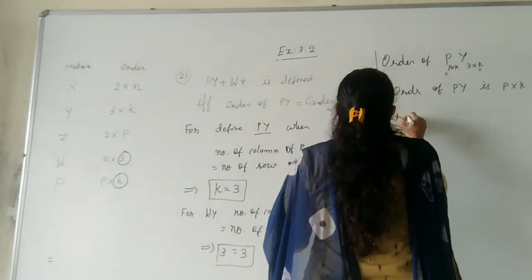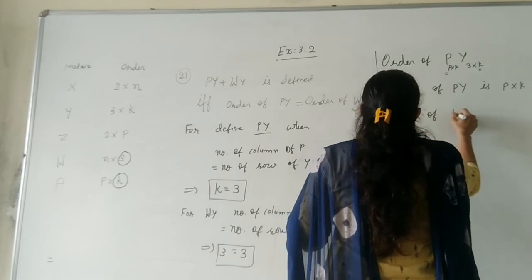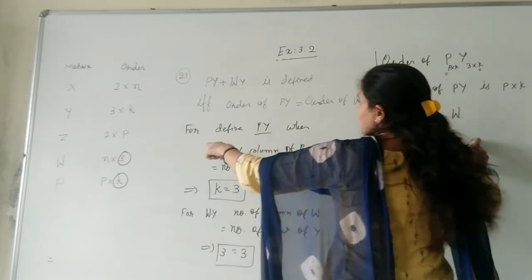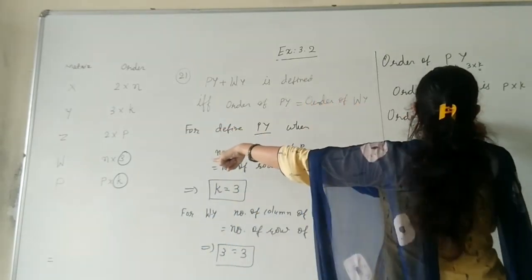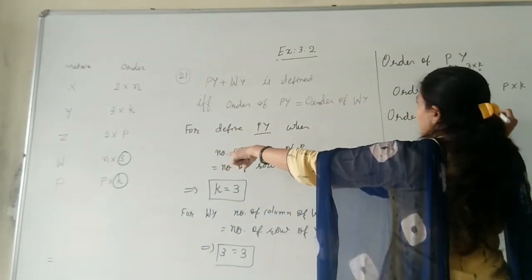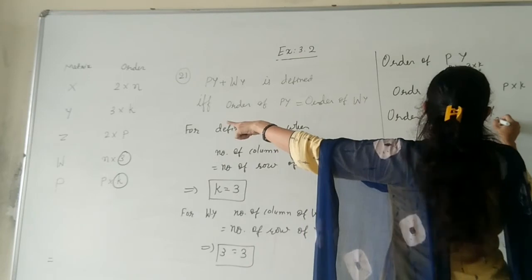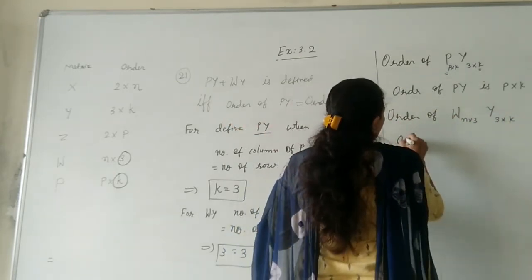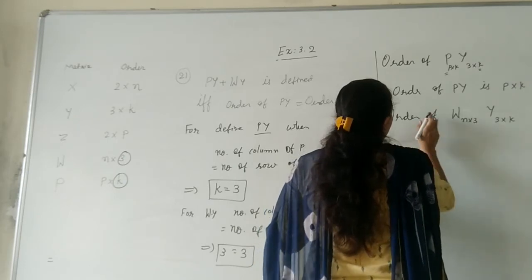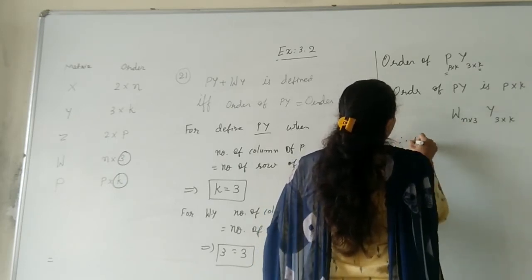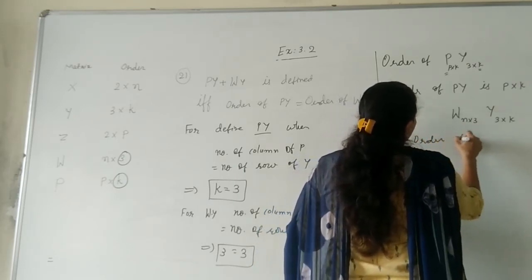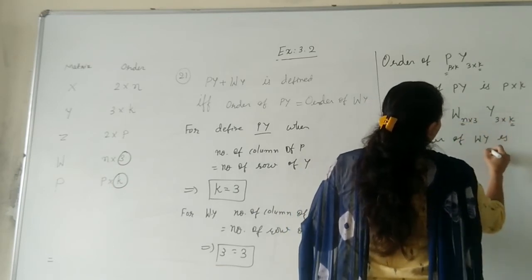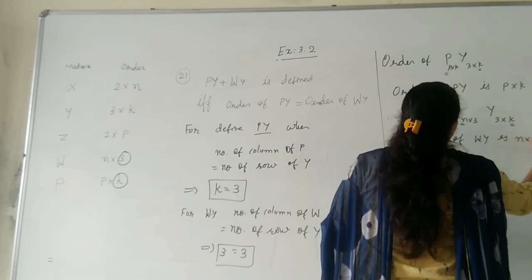Now the order of WY. What is the order of W that you have? W is the order of the matrix n cross 3 and Y is the order of the matrix 3 cross k.